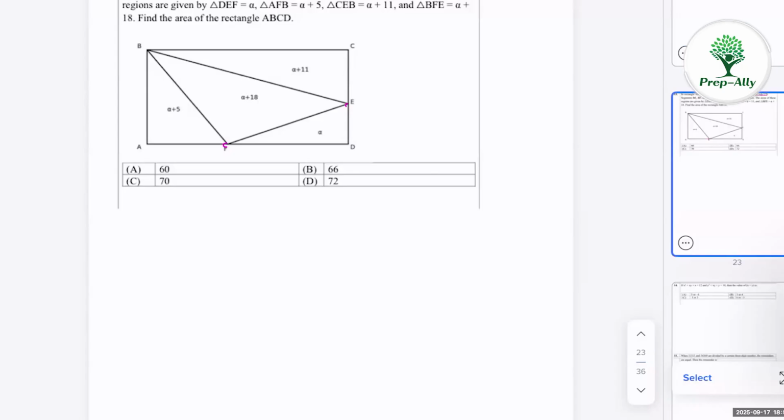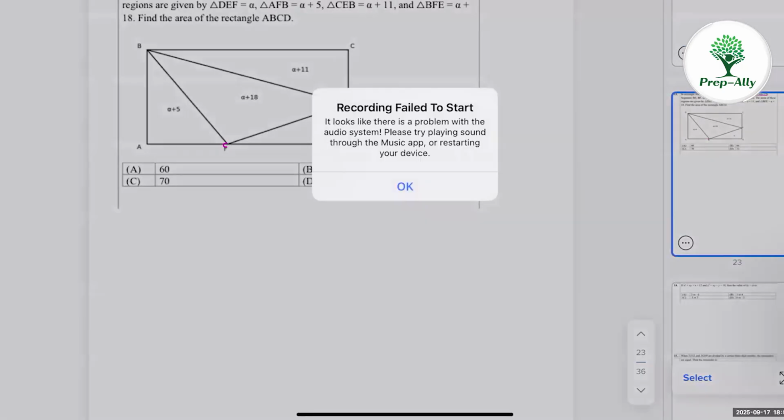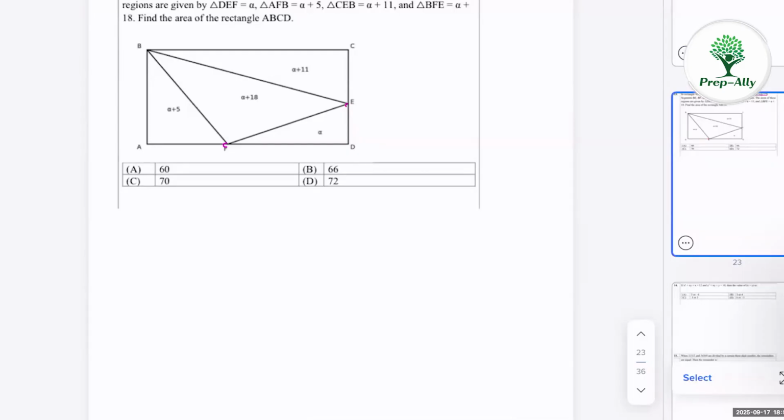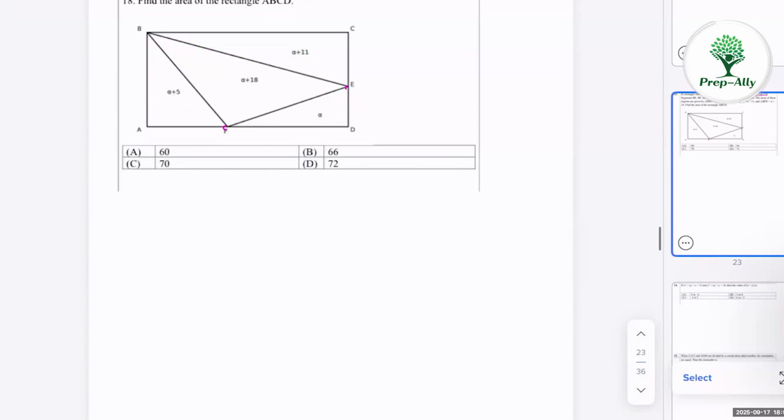And segments BE, BF, and EF divide the rectangle into 4 triangles, right? 1 triangle, 2 triangle, 3 triangle, and 4 triangles. The areas of these triangles are given by alpha, alpha plus 5, alpha plus 11, and alpha plus 18. Now we need to find the area of the rectangle ABCD.